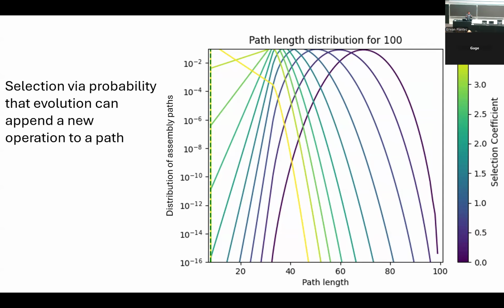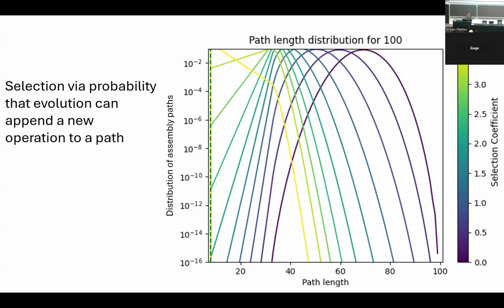But we can apply selection to this, and the model we're going to use thinks about selection as some probability that evolution can append a new operation to a path. If I'm thinking about an assembly path, the right time scale is not a materialistic one, not the lifetime of a single organism. It's evolutionary. This is an innovation-like process.